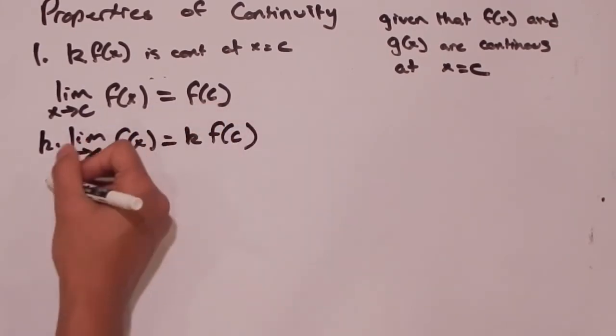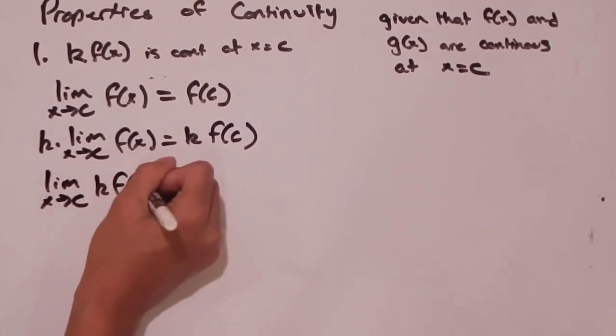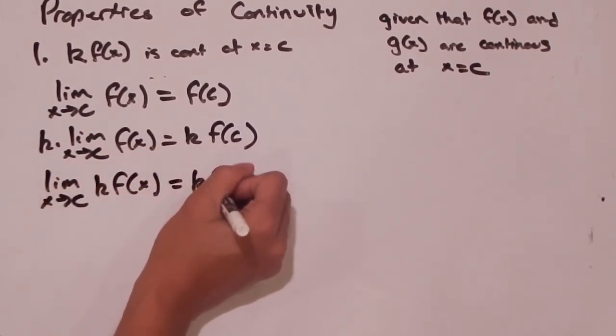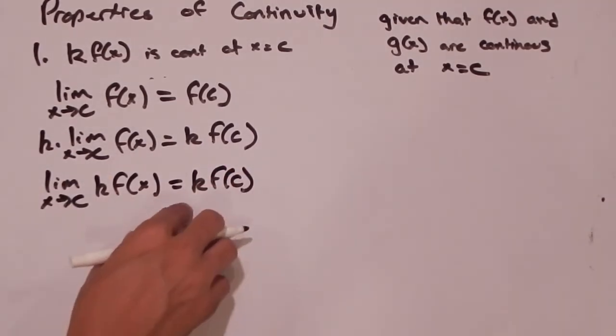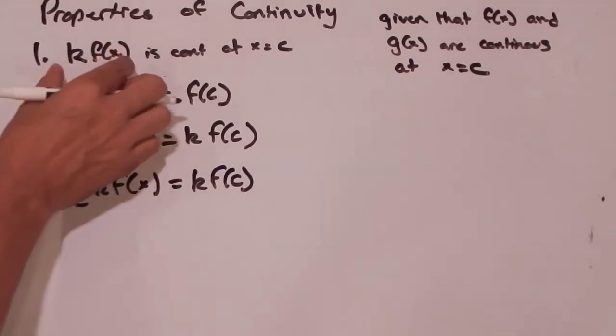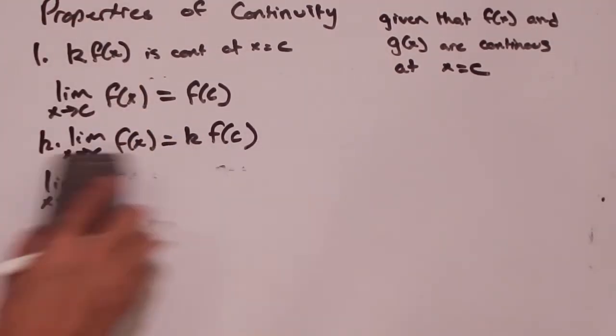And because of our constant property with limits, we can just pull that k right in. And as you can see, because the limit as x goes to c of k times f of x is equal to k times f of c, we can say that the function k times f of x is indeed continuous at c. So that's our first proof.